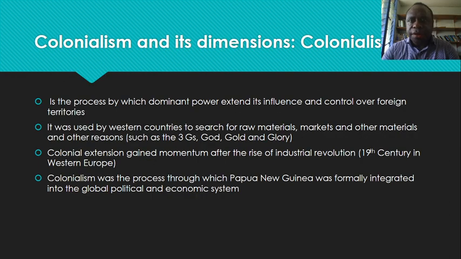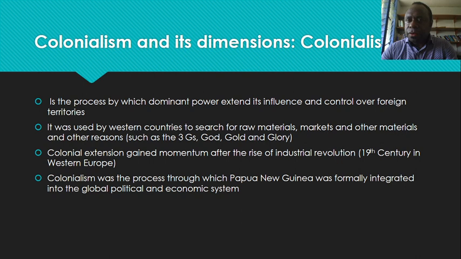Now let's look at the first dimension, colonialism. What is colonialism? Colonialism is the process by which a dominant power extends its influence and control over foreign territories. How does that happen? In the developed West, the industrial revolution came around, and through that process there was a need for raw materials.